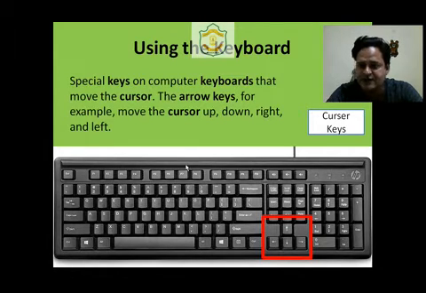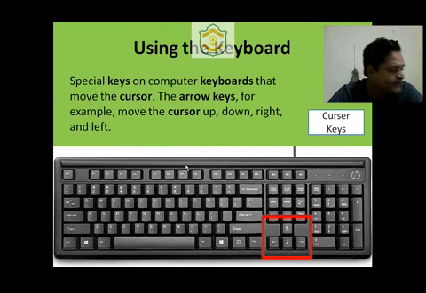Cursor is the insertion point, or the focus of our current operating system. As we are learning about different types of keys, what we have learned so far is alphabet keys, then function keys.